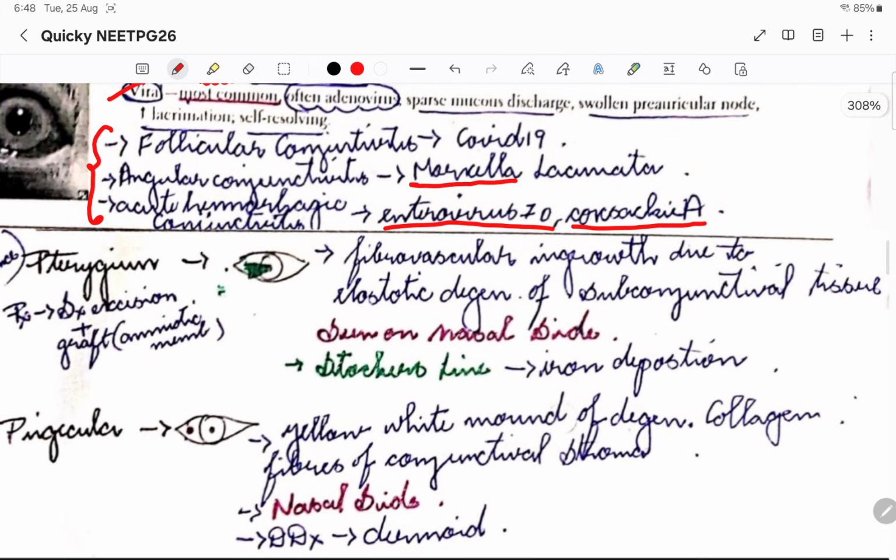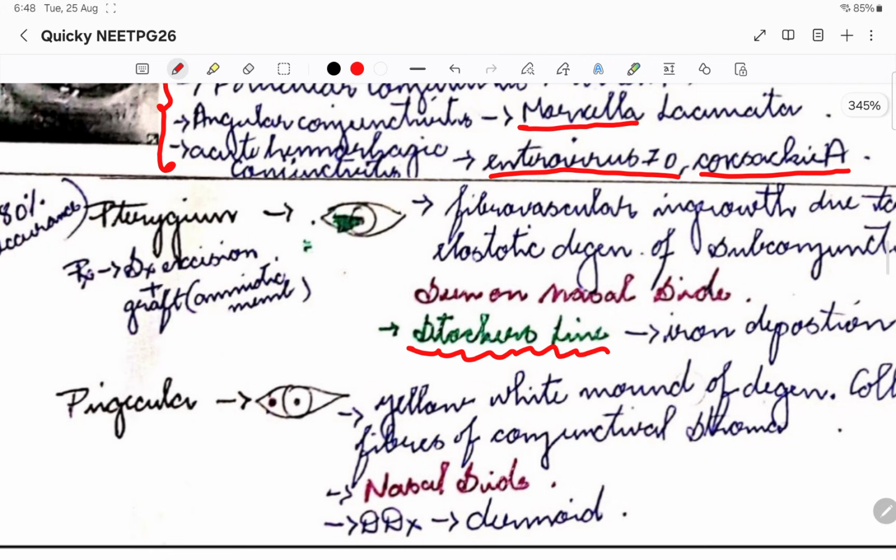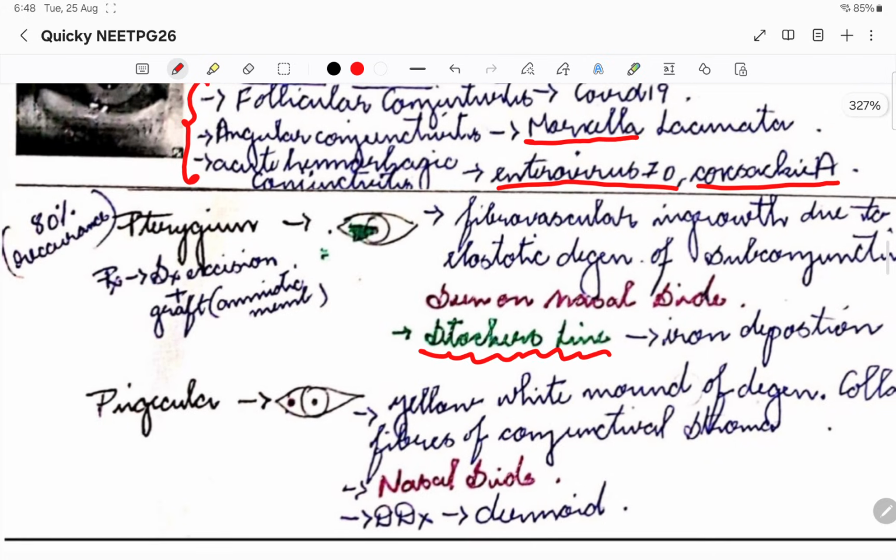Then there is something called Stocker's line within the pterygium. Within the pterygium there will be a brownish deposition, and that is called Stocker's line. This is an extra point. Coming to management, it is going to be surgical excision of it.